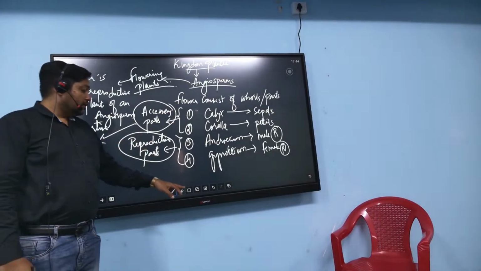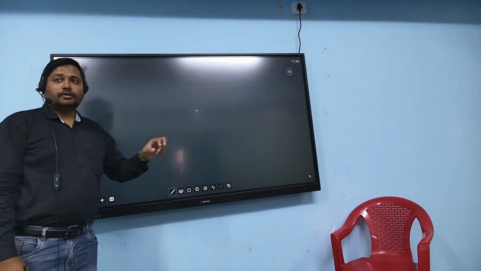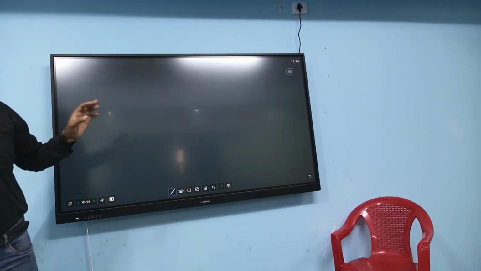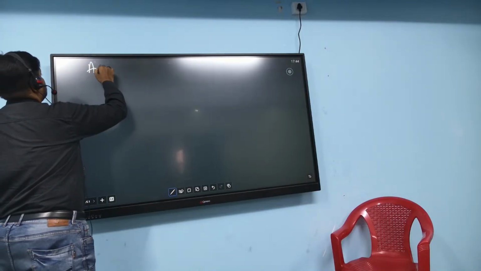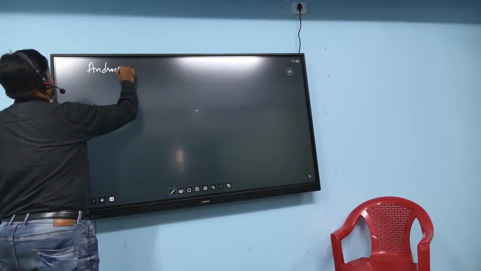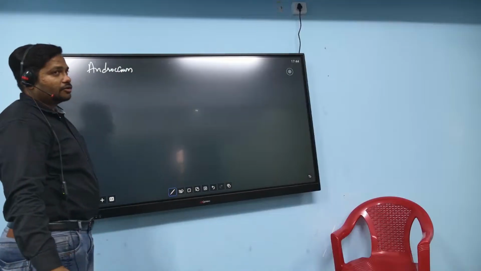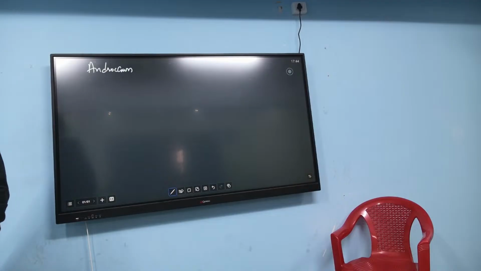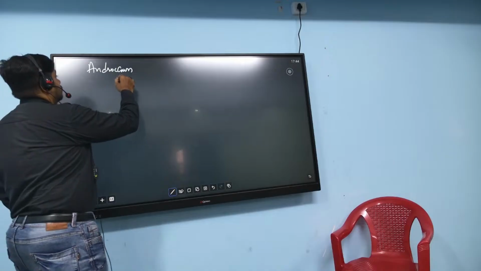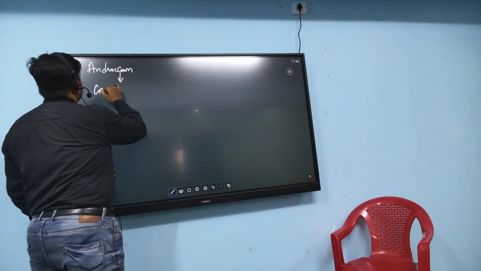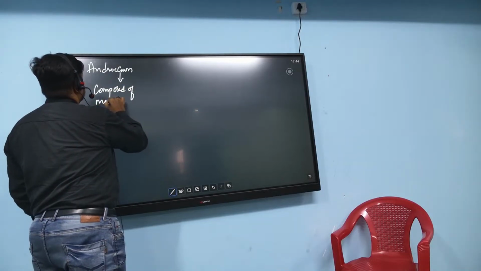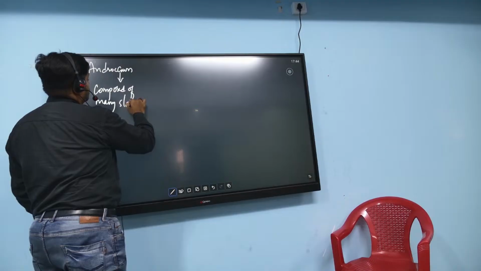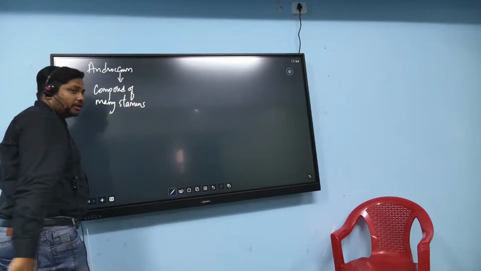So when we talk about the angiosperm, we need to study two very important parts, that is the androecium and gynoecium. As I told you, androecium is the male reproductive part. This androecium is composed of many stamens.